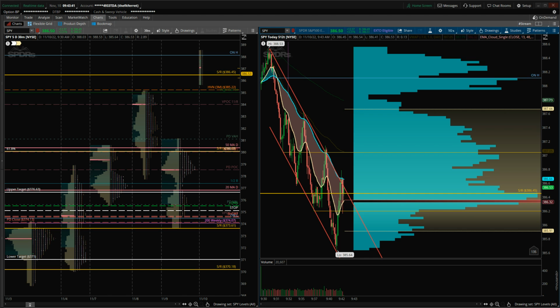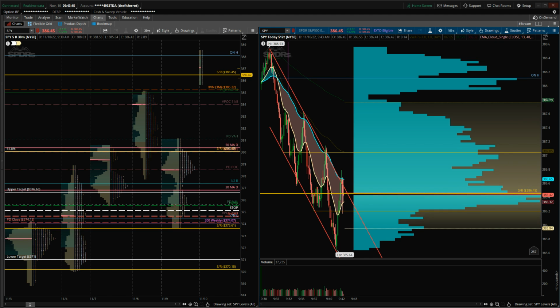Jeez. Trying to find a good spot to buy in long, like what a good price would be, but the movement in price is really rough right now.